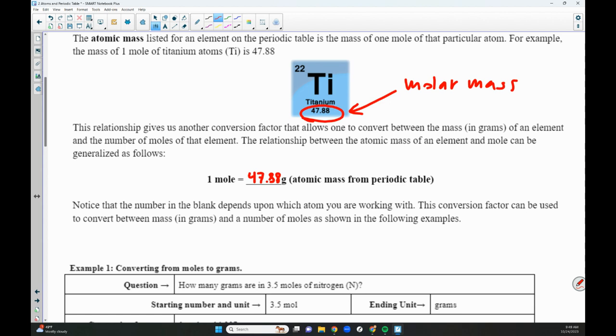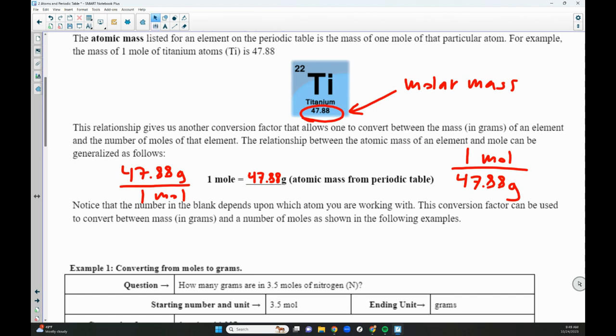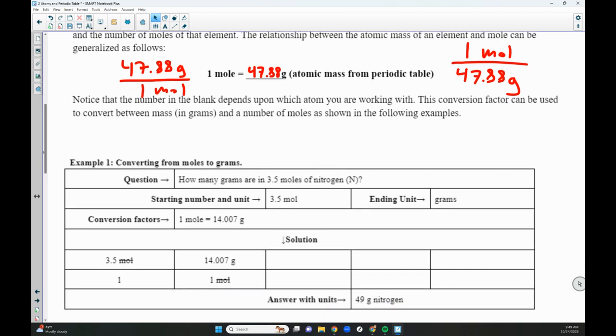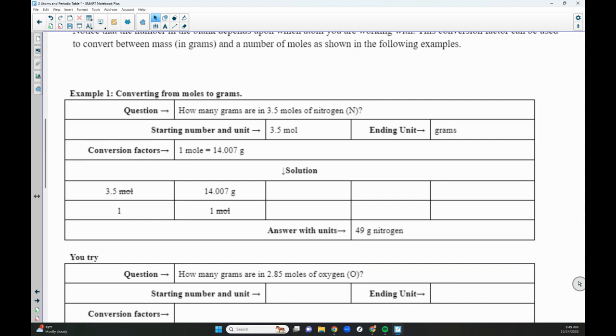We would then write it like this: 1 mole over 47.88 grams, or if we need to flip that fraction over, we could write it as 47.88 grams over 1 mole. And we're going to use one of those fractions as a conversion factor to solve one of our conversion problems. So let's get right into our first example here.